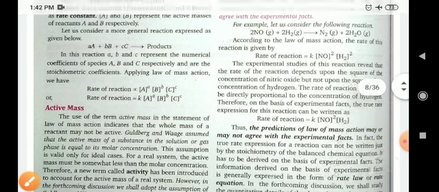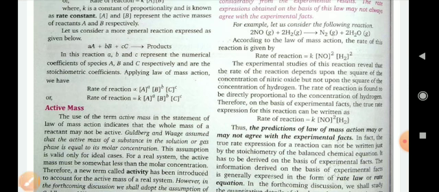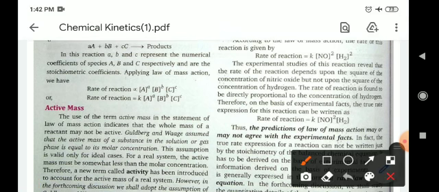So you can write the active mass of a reactant for any of the reactions. Rate of reaction equals K [NO] to the power 2 and [H2] to the power 1. This data will come experimentally.